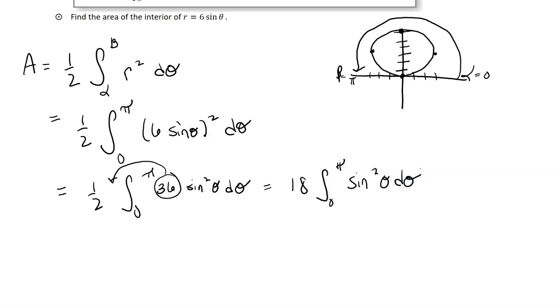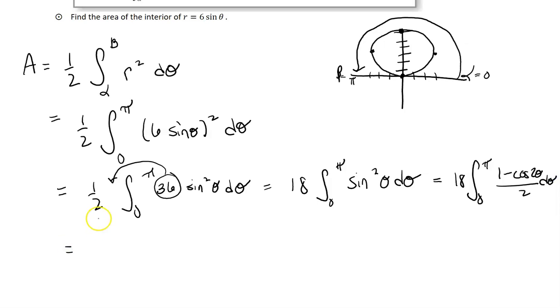Now I'm going to apply an identity, because the only way to take the integral of sine squared of theta is to convert it to (1 minus cosine of 2 theta) over 2. So I'm just applying that identity: 1 minus cosine of 2 theta over 2 d theta. Now I'm going to split that into two integrals.